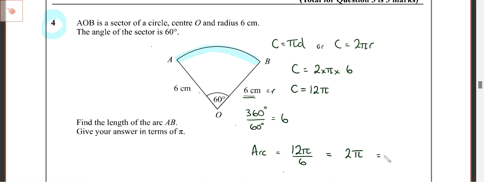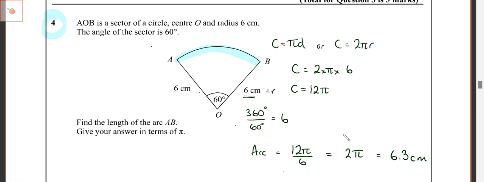Now, this is the new thing today. That is my answer in terms of pi. But we're not going to do that. We're going to work it out as a decimal. What is 2 times pi? 6.3. And it's in centimetres.